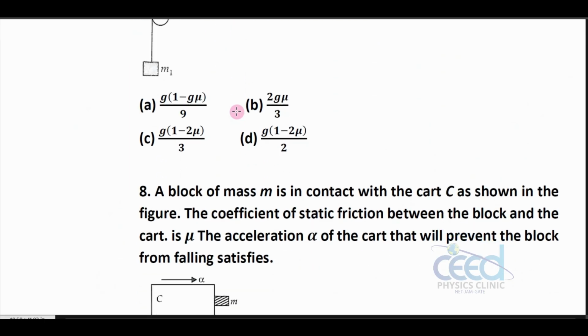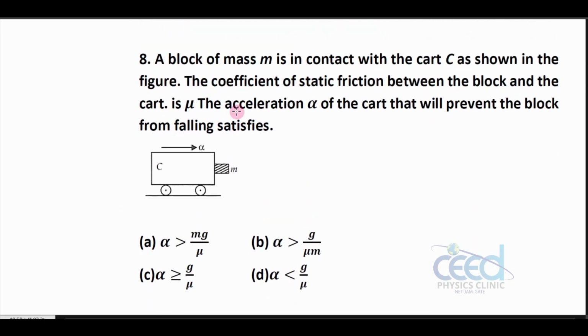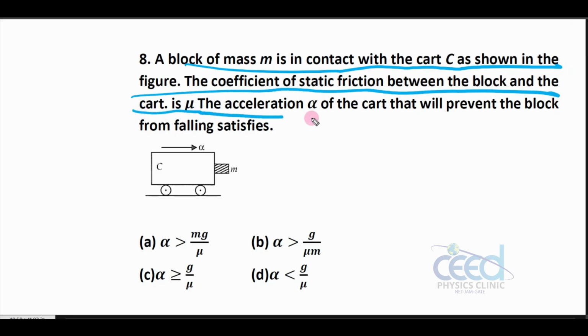Now let us go to another question. It is the final question. Here a block of mass m is in contact with a cart C as shown in the figure. The coefficient of static friction between the block and the cart is mu. The acceleration alpha of the cart must prevent the block from falling.